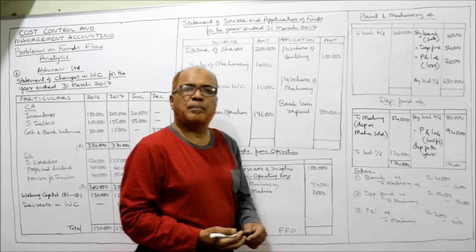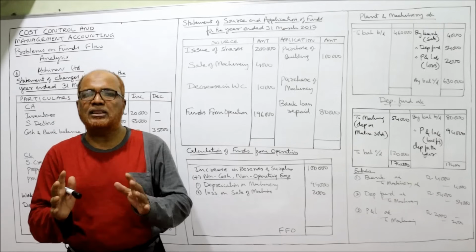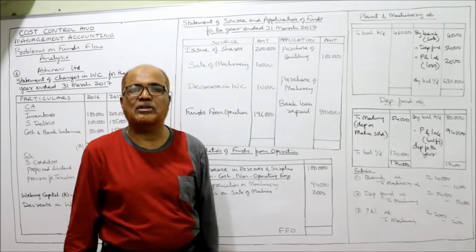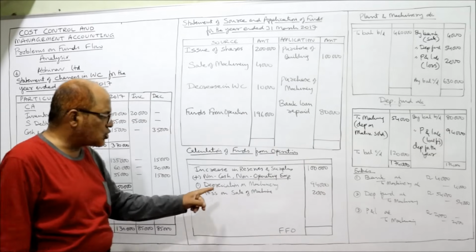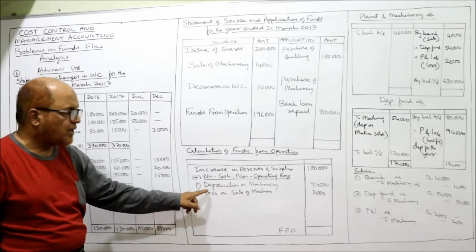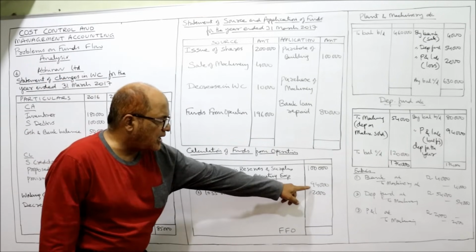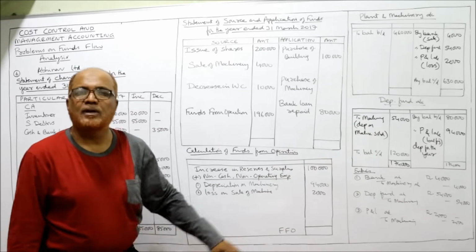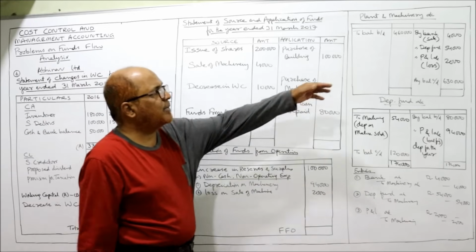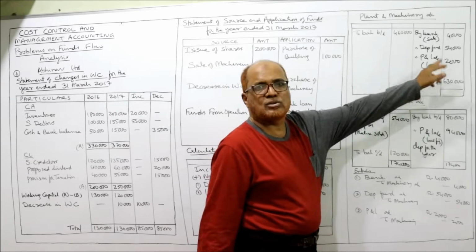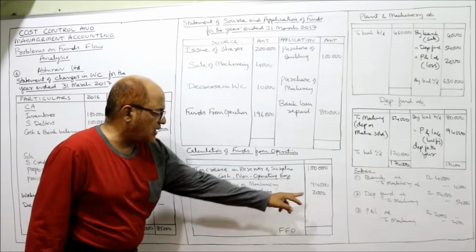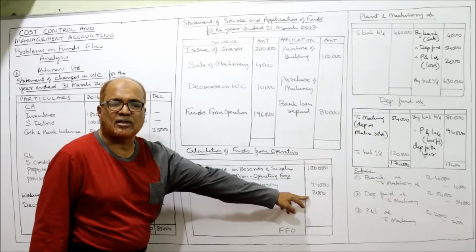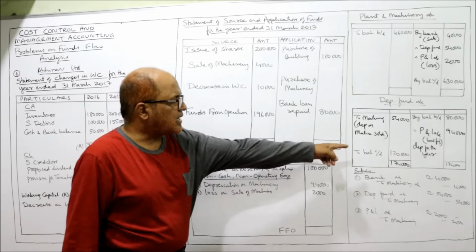And a total depreciation provided on the assets is 94,000. This 94,000 should be taken as non-cash item. The depreciation on machinery 94,000 you can see here. Similarly, loss on sale. How much is the loss on sale of machine? 2,000. This 2,000 rupees I have taken here. Loss on sale of machine, non-cash item. That's it. This account is closed.